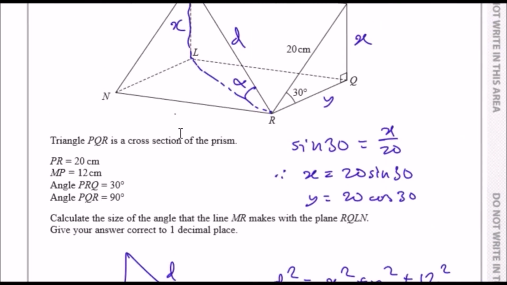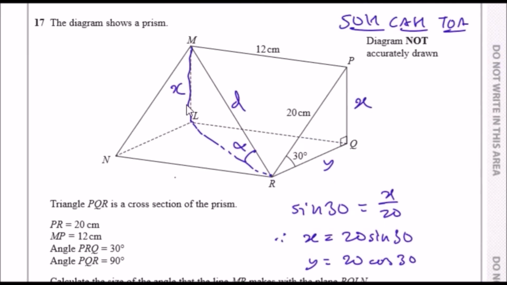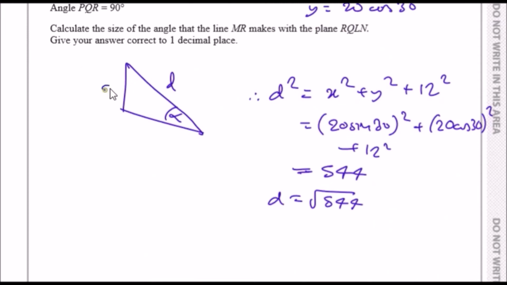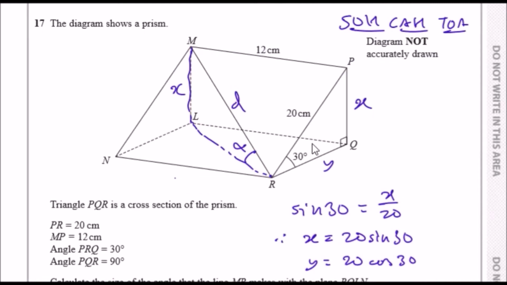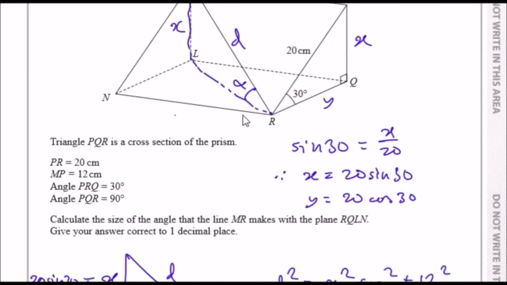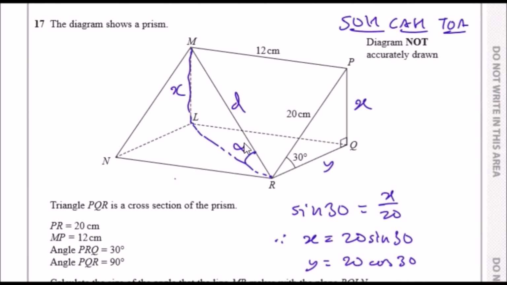We also know that this length here is x. So ML is x, which is obviously 20 sine 30. Now that leaves us with the last length here. So what is it? Oh no, we know this length is 12. That means we can use another 2D Pythagoras to get this length. This one we know is 12, and this is y.